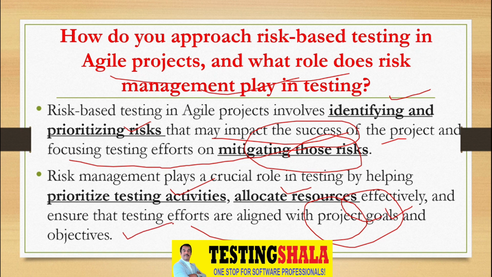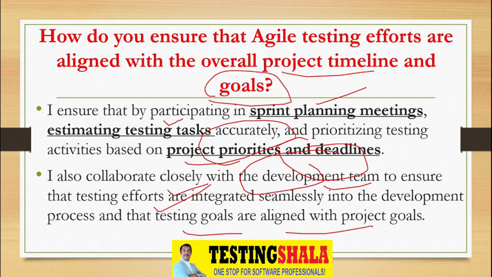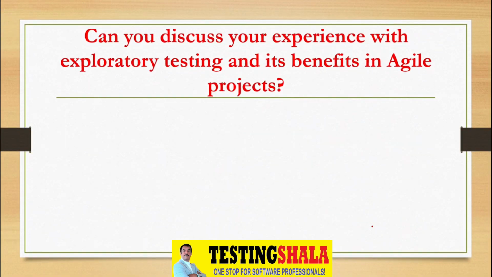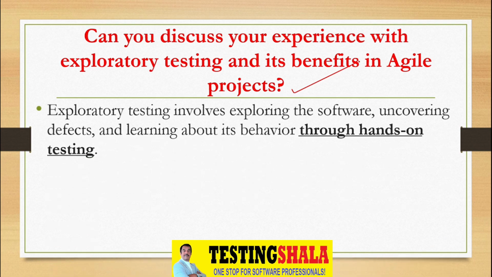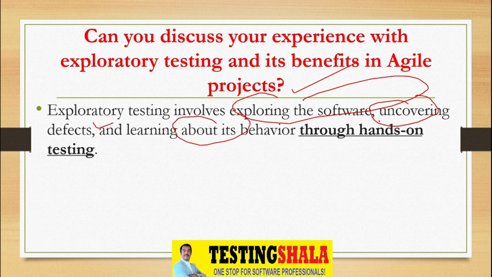How do you ensure that Agile testing efforts are aligned with the overall project timeline and goals? Can you discuss your experience with exploratory testing and its benefits in Agile testing? Exploratory testing is where we explore the software and uncover defects while learning the application through hands-on testing, where we are not following any documentation.